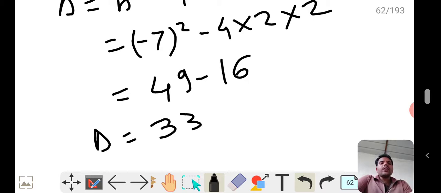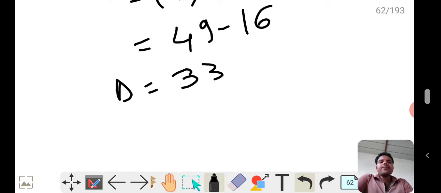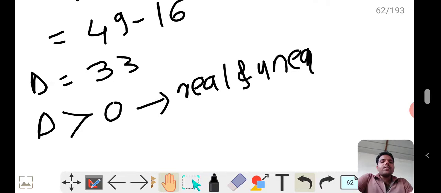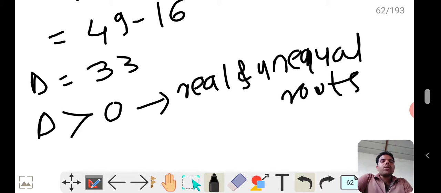The delta value is greater than 0, so we can write roots are real and unequal. Real and unequal roots. So this is the nature of the roots for the given quadratic equation.